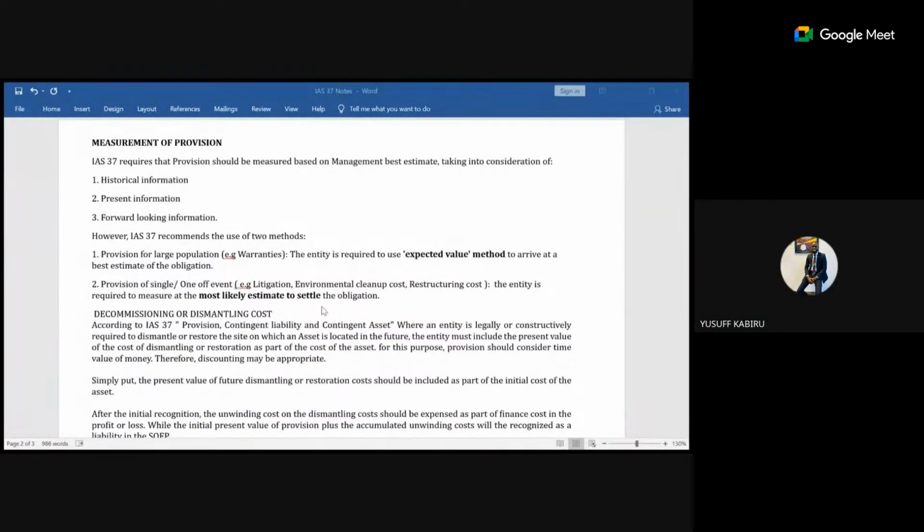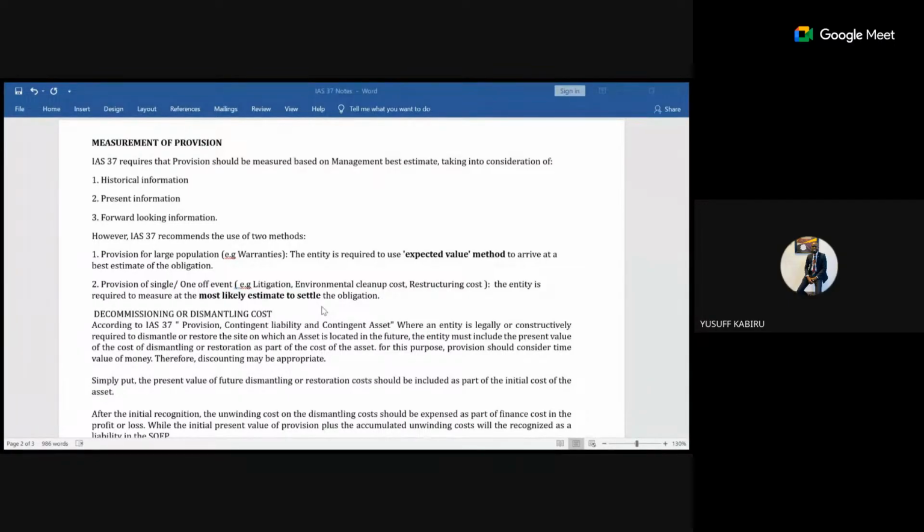We should use historical information, present information, and forward-looking information to look at the most likely estimate to settle it. So that is the requirement of IAS 37 on measurement.